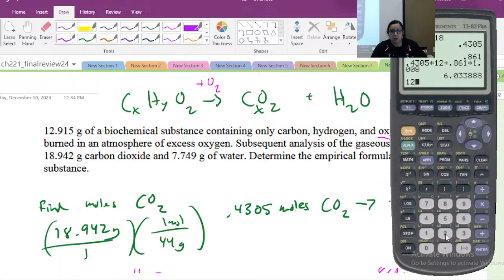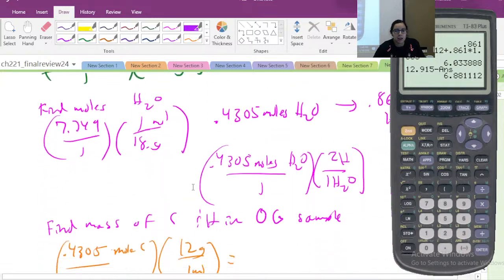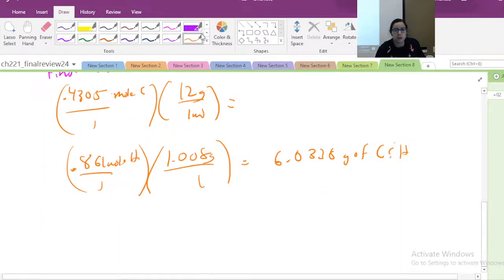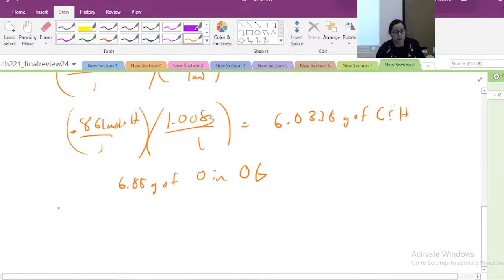12.915 minus that. So now that's the mass of oxygen in our original sample. And so we just have to get moles to get it into our mole-mole ratio. So 6.88 grams of oxygen in the original.